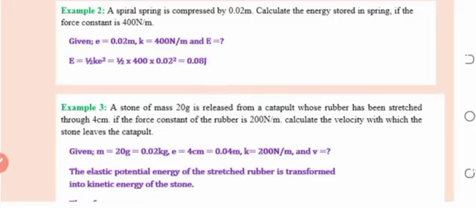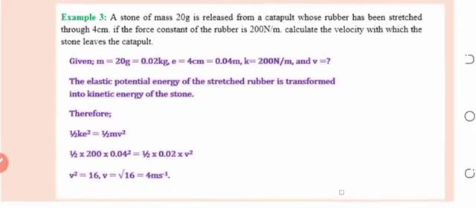Let's consider the third example. In our third example, we have a stone of mass 20 gram which is released from a catapult whose rubber has been stretched through 4 centimeter. If the force constant of the rubber is 200 Newton per meter, we have to calculate the velocity with which the stone leaves the catapult.